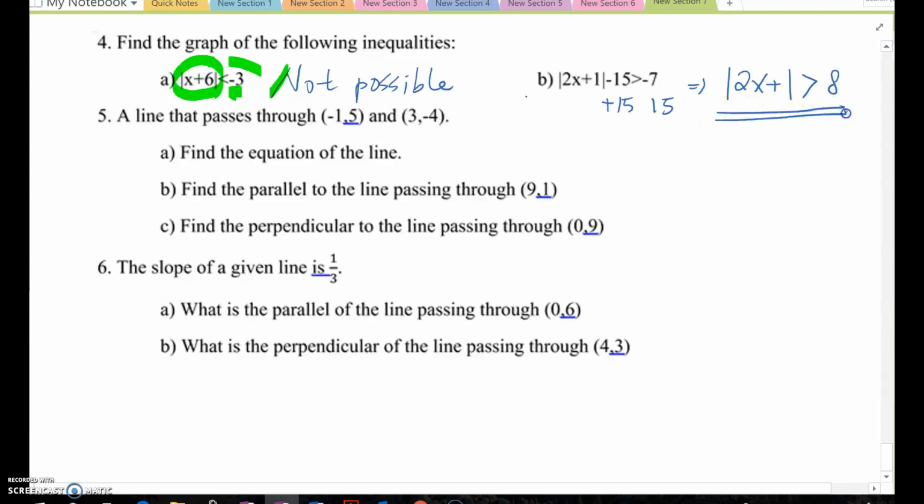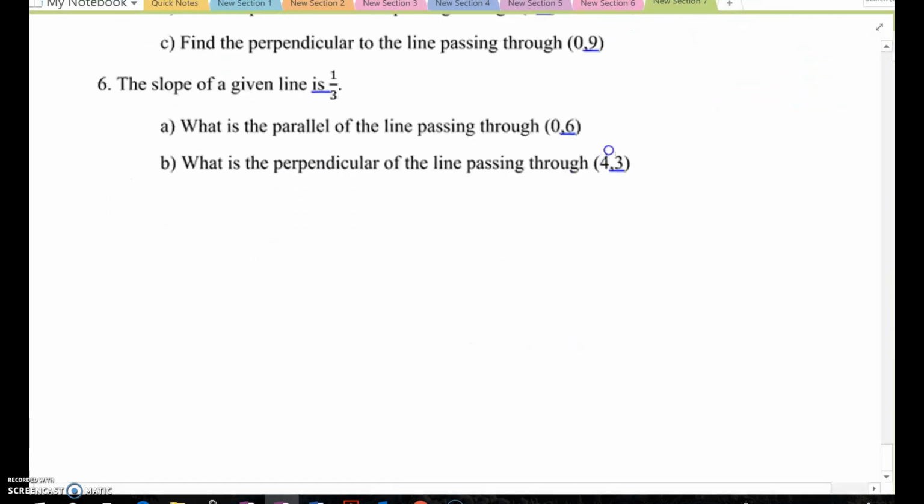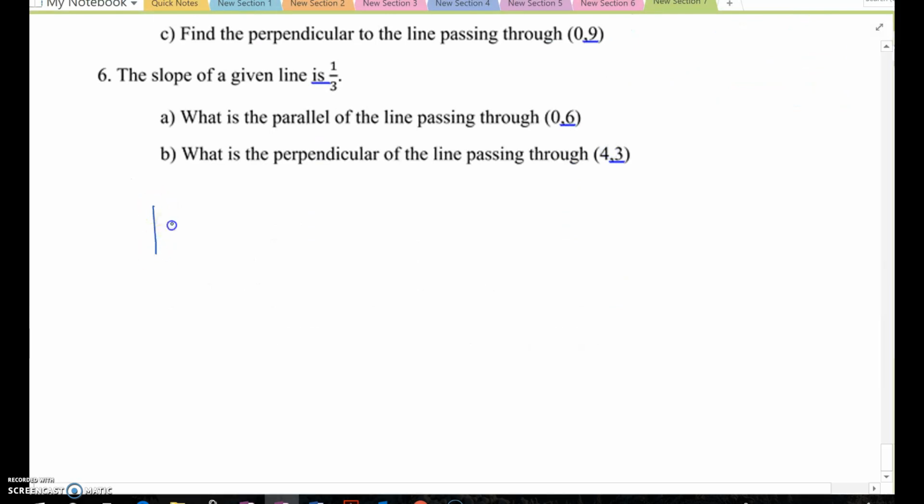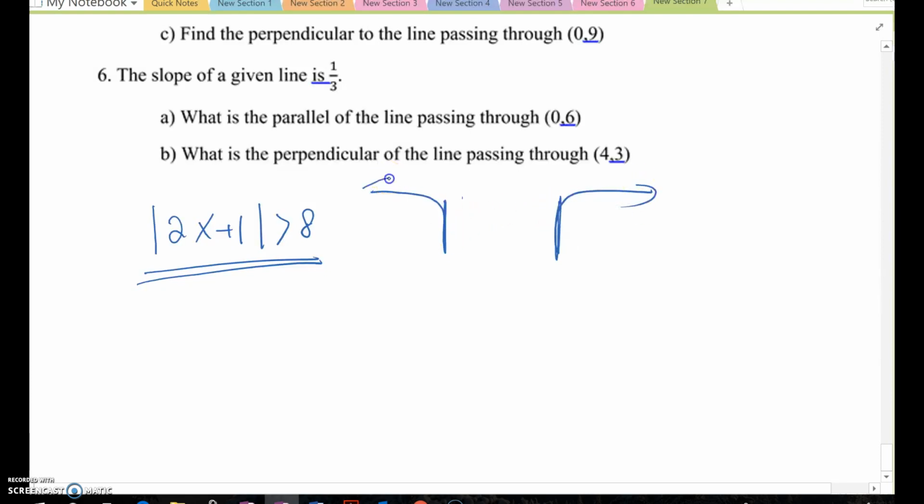So in this case we can find the inequality for this absolute value inequality here. Okay, therefore I'm putting down here: absolute 2x plus 1 is bigger than 8. Based on our absolute term, you can make negative and positive and expand, right?